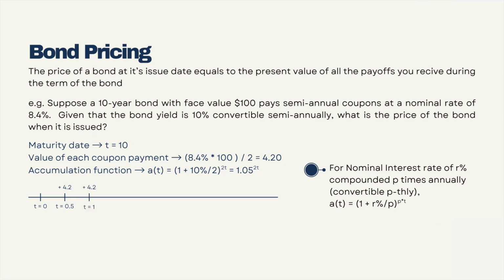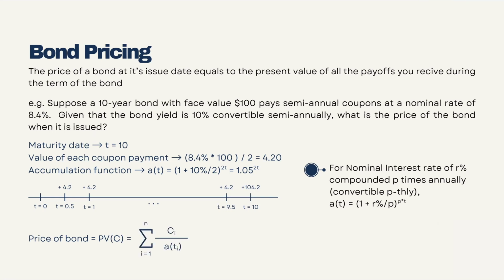At t equals 1, you once again receive your coupon payment, and this continues all the way until t equals 9.5. At t equals 10, which is your maturity date, not only do you get your coupon payment, but you also get back the face value. So altogether, you get $104.20 back.